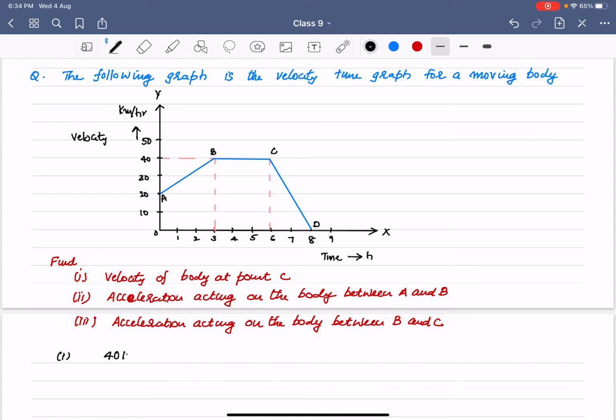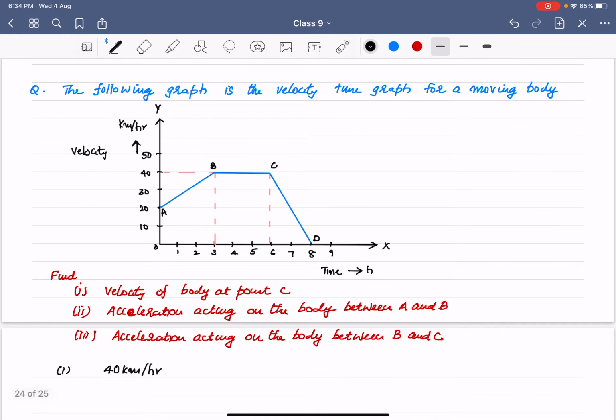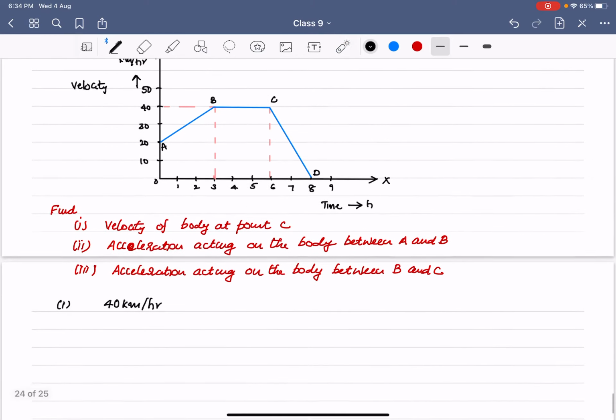So velocity will be 40 km per hour because I'm using the unit kilometer per hour, because in y-axis it is mentioned that we are representing velocity and the unit of representation that we are using here is kilometer per hour. So the velocity has to be 40 km per hour.